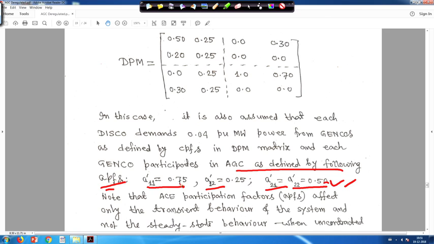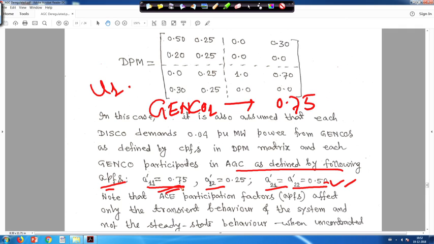So, as A11 dash is 0.75, in area 1 the input signal is U1. So for GENCO 1, the generating unit 1, the input going to it is 0.75.